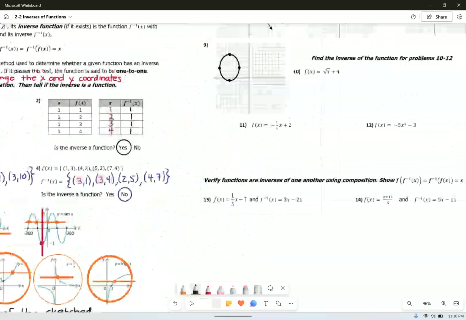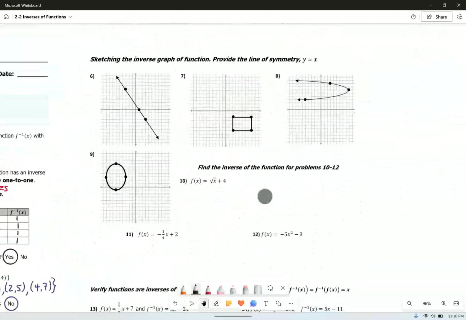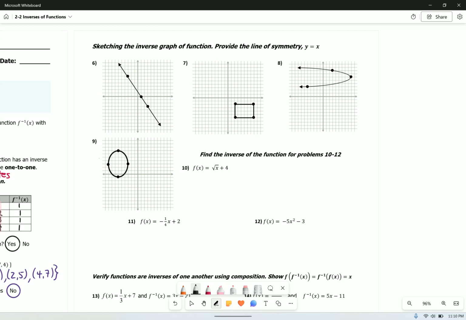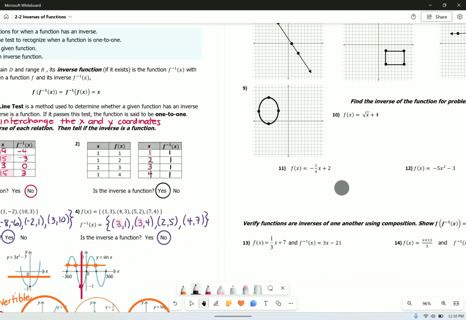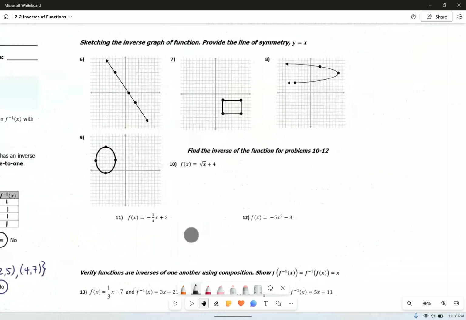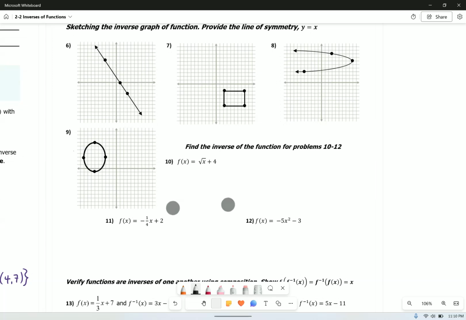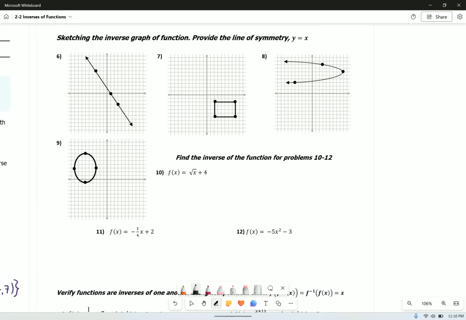Moving on. So over here, I'm only going to do maybe just one problem or two. But I wanted to show you guys, specifically graphing-wise, why we switch x's and y's on the table. Here's why. Whenever you are going to sketch the inverse graph of a given relation or a function, what you're going to do is reflect it over the y equals x line.